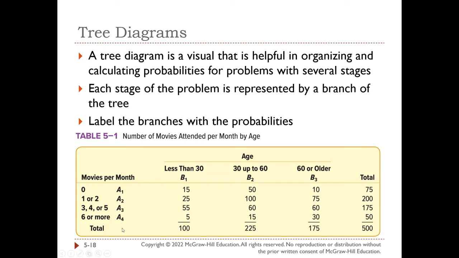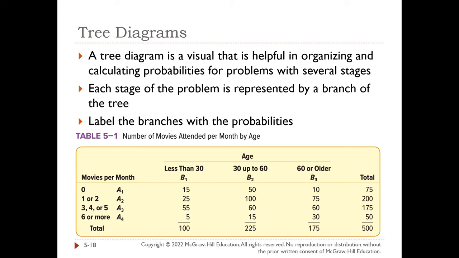We got A1, A2, A3, A4. Less than 30 in their age, B1. B2 is 30 to 60, and 60 or older. So we got a lot of information here, and we're going to try and calculate a lot of probability here.